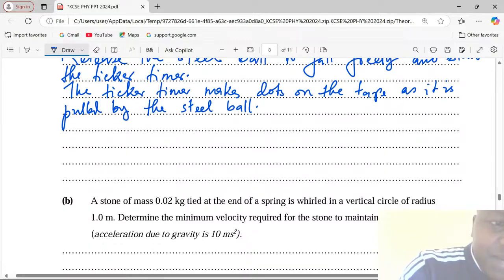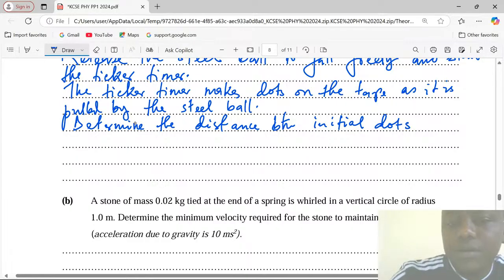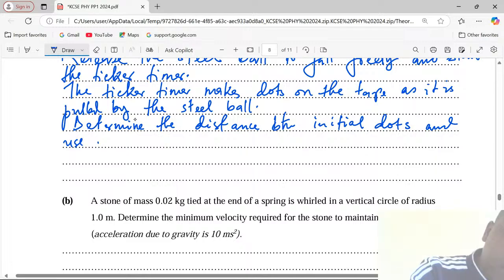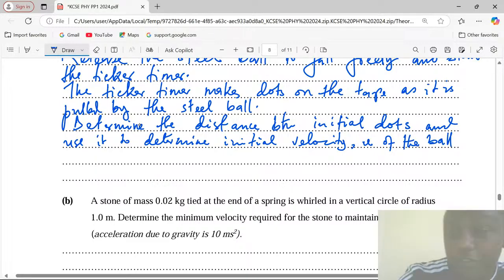So determine the distance between initial dots on the tape and use it to determine the initial velocity, that's small letter u, of the steel ball, or simply of the ball.